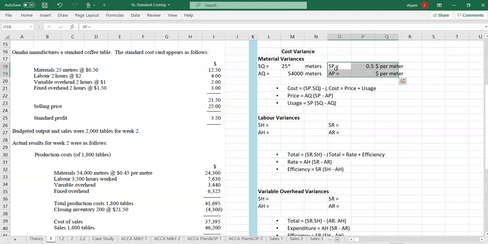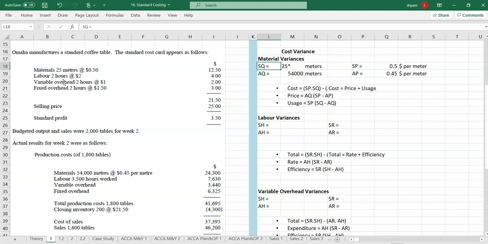Now what's the actual price? The actual price is 0.45. So that is also very clear. We got all these numbers very clearly, but the only number we couldn't get is the standard quantity. See, standard quantity is a very different one, because he has given only for one unit. One unit will take 25 meters, but how much did they produce actually? You should not multiply 25 meters into the budgeted production. If you do that, that doesn't work.